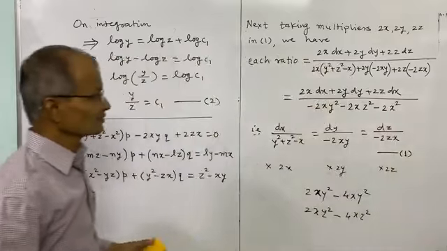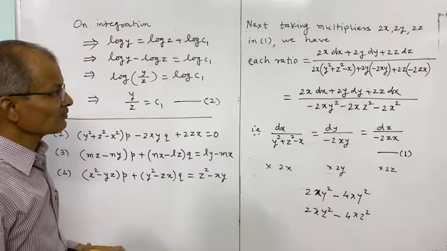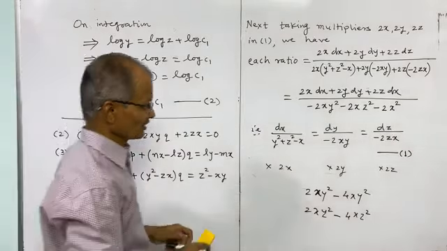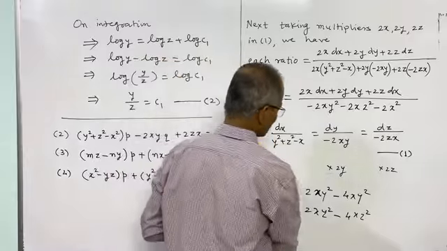So these are the terms that we have obtained. Now from this what we shall consider is a common term. What is common is negative 2x.